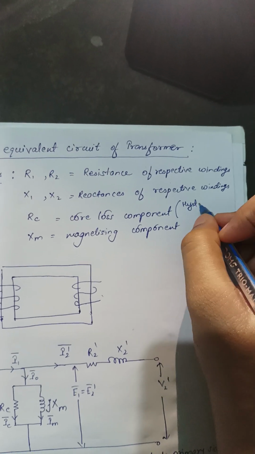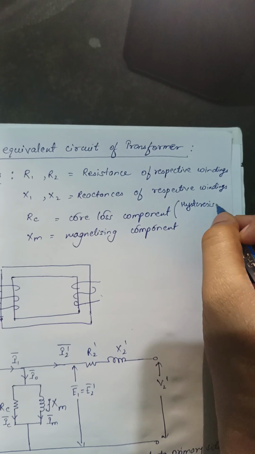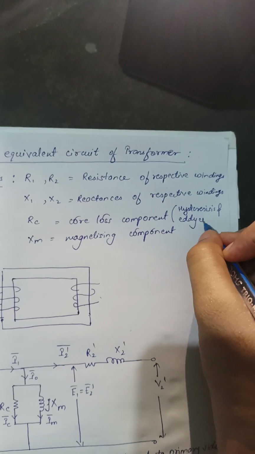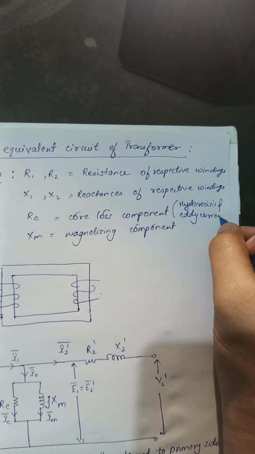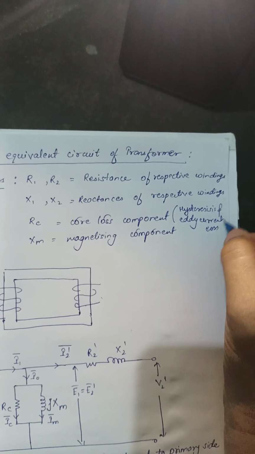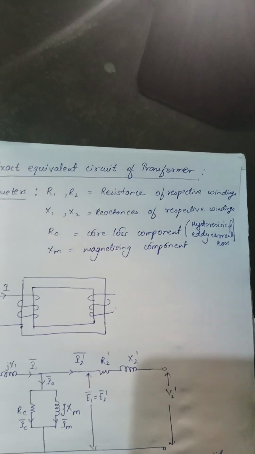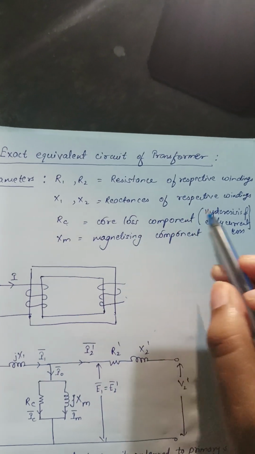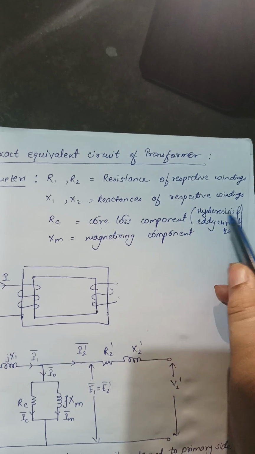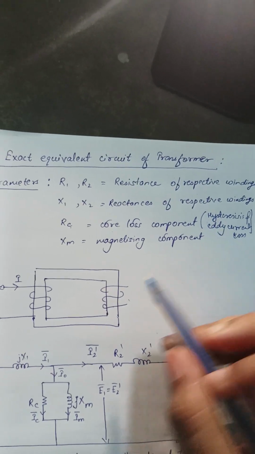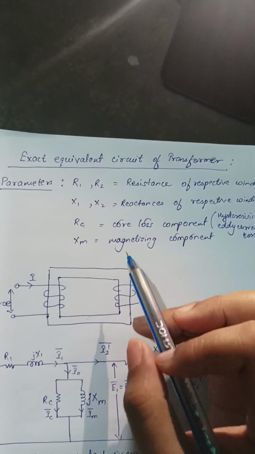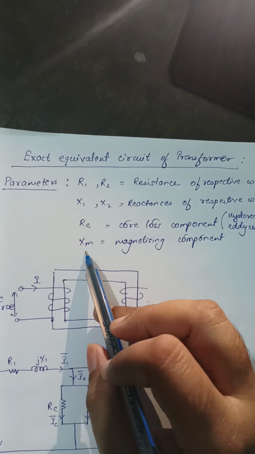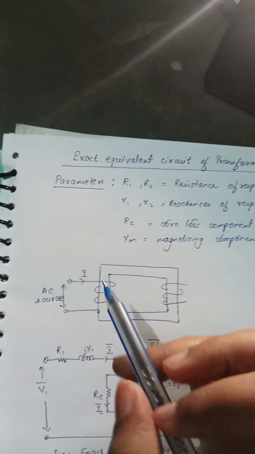Hysteresis and eddy current loss. This component RC, the core loss component, basically accounts for the losses occurring in the core of the transformer.